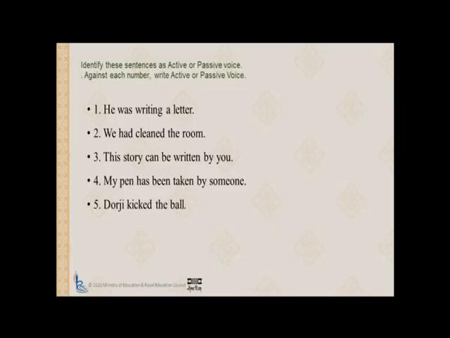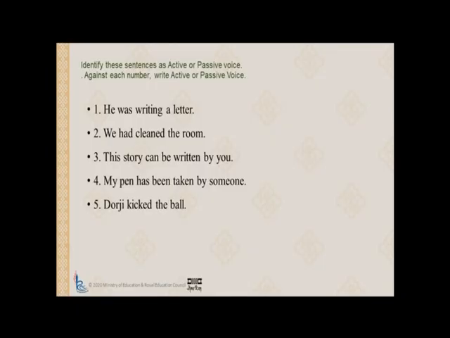If you could not catch up when I was telling you to mark, you can revisit the sentences on the board and mark as active if you feel that the sentence is in the active form, and mark it as passive if you feel that the sentence is an example of a passive voice. I hope you would have finished it.